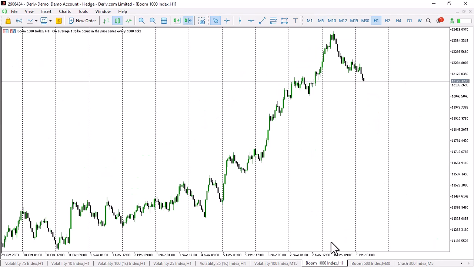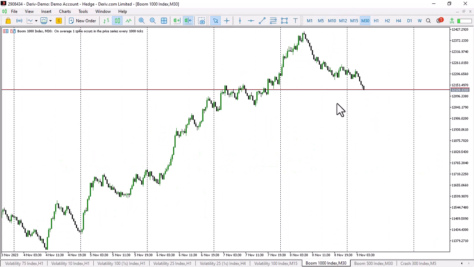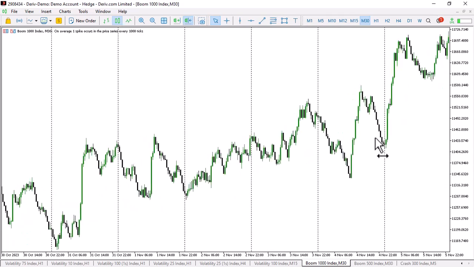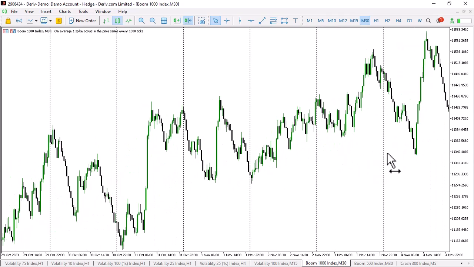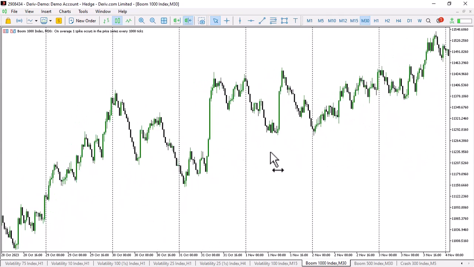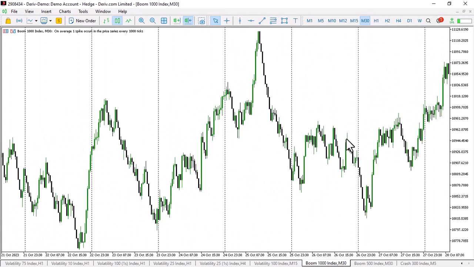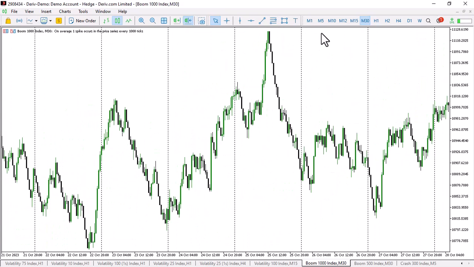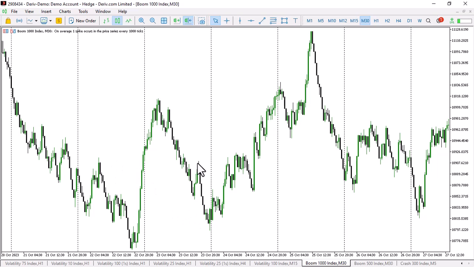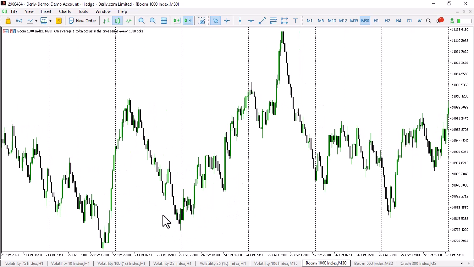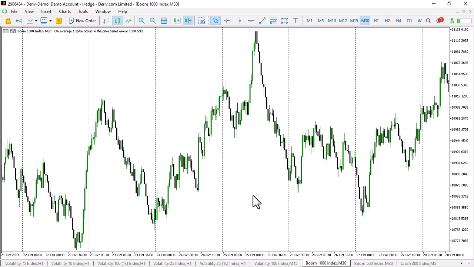Before we go, let's look at Boom 1000 and see how we could have benefited, or how we could have traded this particular one. Let's go from where this uptrend started. It probably started from here. This requires a lot of patience, because the movements are not regular as you would want. It needs someone who understands what they are doing.